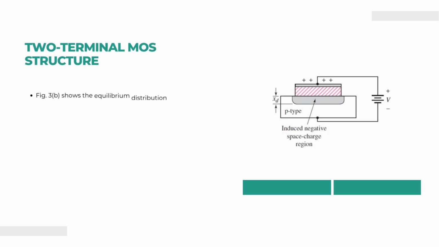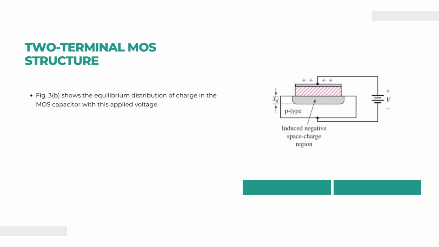Because of the fixed acceptor impurity atoms, the negative charge in the induced depletion region corresponds to a negative charge on the bottom plate of the MOS capacitor. Figure 3b shows the equilibrium distribution of charge in a MOS capacitor with this applied voltage.